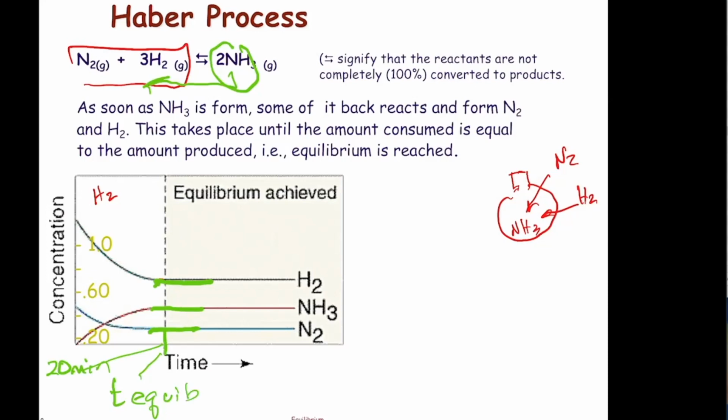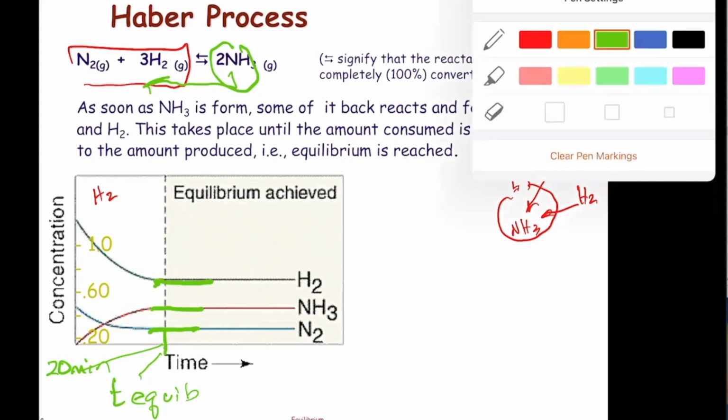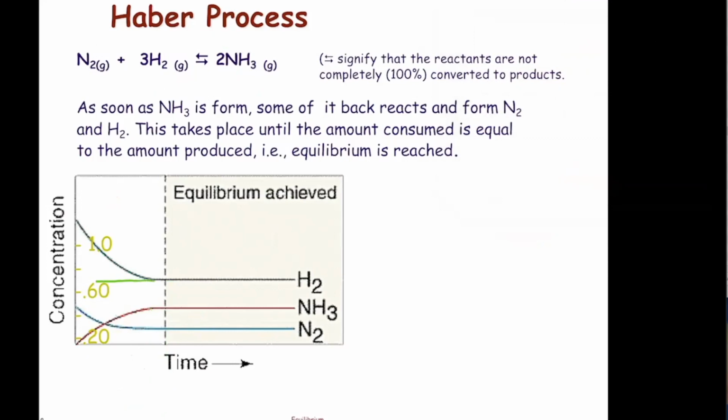If you were to take this concentration, this concentration, and this concentration, and read them and put them in the mass action expression, the hydrogen looks like it's going to be about 0.65.